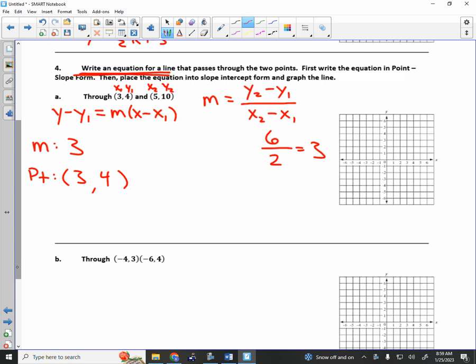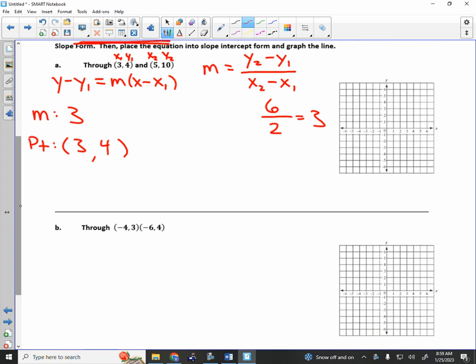Now that I have my slope, I can go ahead and write it in point slope form. y minus 4 is equal to 3 times x minus 3. Or y minus 4 is equal to 3x minus 9.